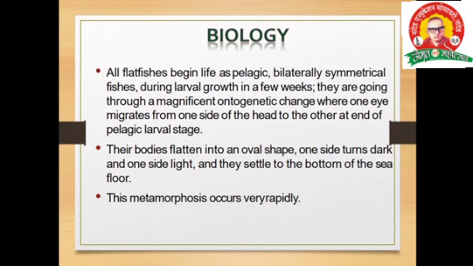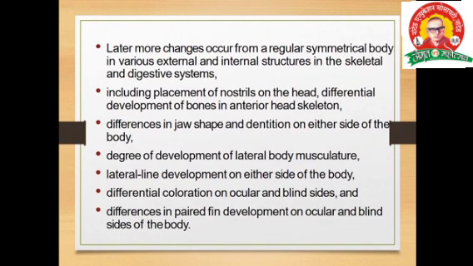Their bodies flatten into an oval shape. One side turns dark and one side light, and they settle to the bottom of the sea. This metamorphosis of the flatfish occurs very rapidly. More changes occur from the regularly symmetrical body.